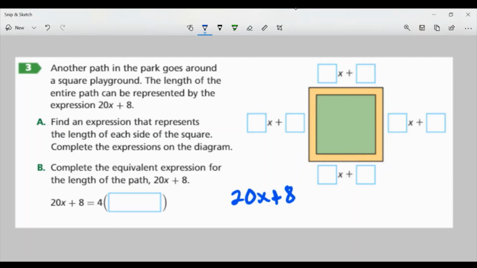So, if I were to divide each one of these by 4, 20x divided by 4 would give me 5x. 8 divided by 4 would give me 2. So that means each side is 5x plus 2.